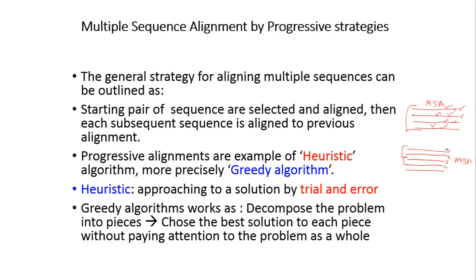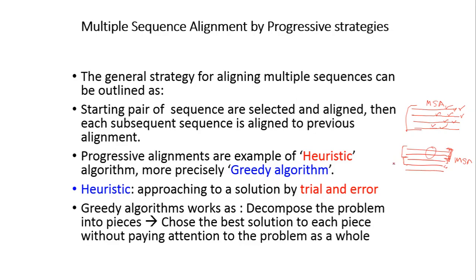When you perform this pairwise sequence alignment, which is eventually a part of the bigger problem, and try to find a solution for a smaller part, you will not pay attention to the fact that it is going to be part of the solution of a bigger problem. You try to find the best solution for the smaller problem at hand. Such algorithms are included in greedy algorithms.